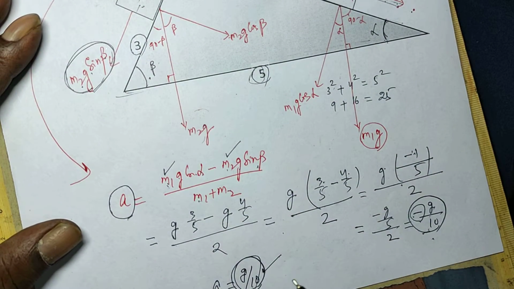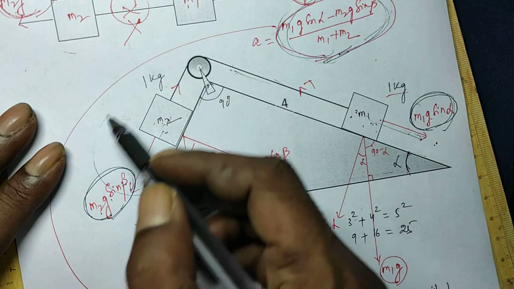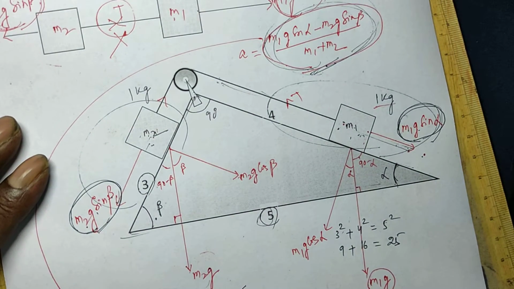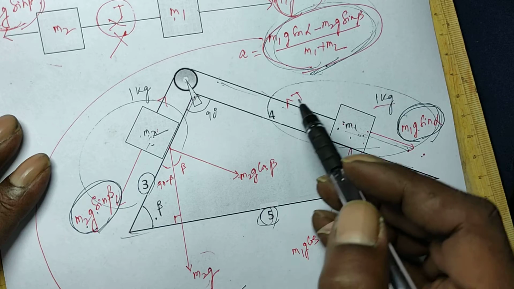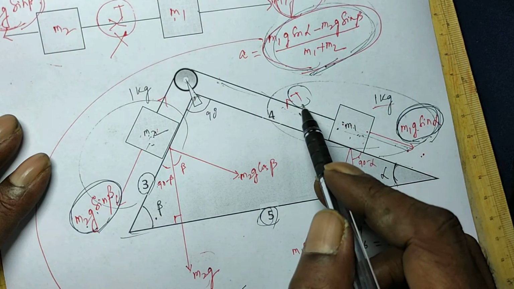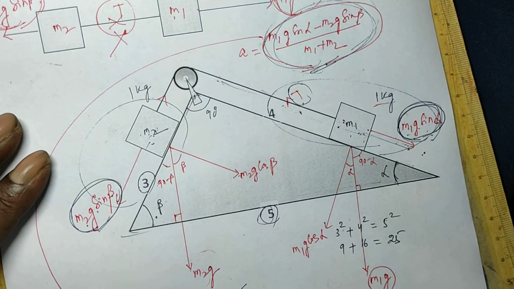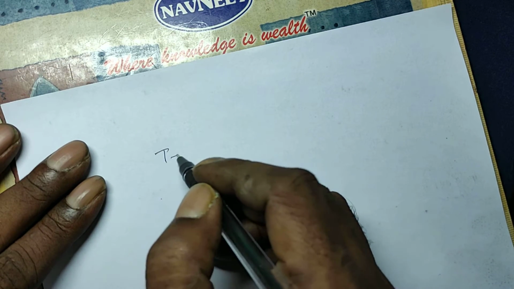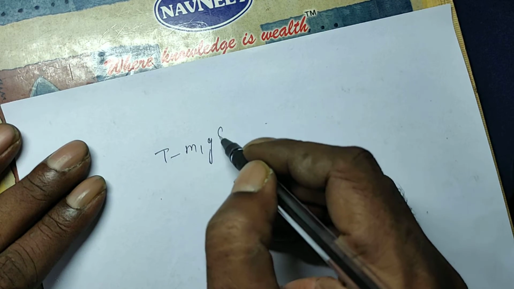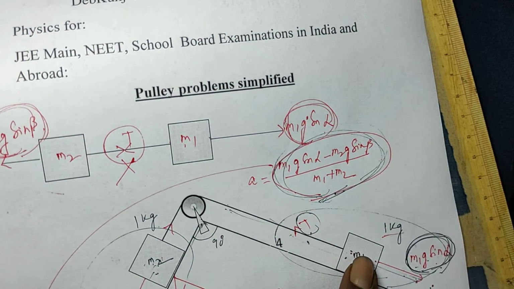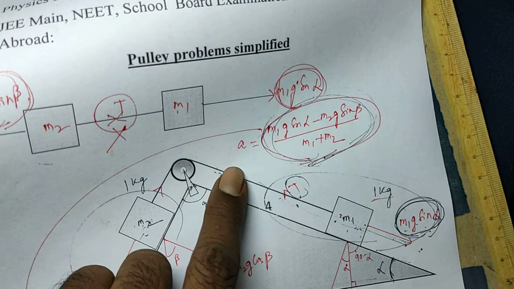you have to write the equations either for this or for this. Since this is going up, T must be more than this. So T minus M1 g sin alpha is the net force on this, and it is moving up, which I explained.